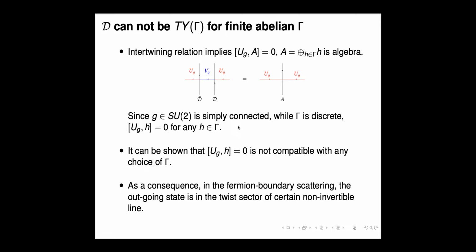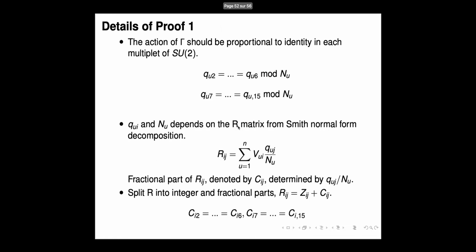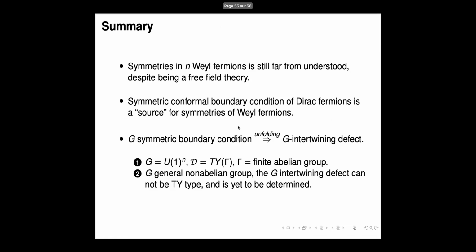In particular, in the scattering process, the outgoing particle should be attached to some non-invertible ones. It must be an algebra, but which algebra it is, we will talk about.